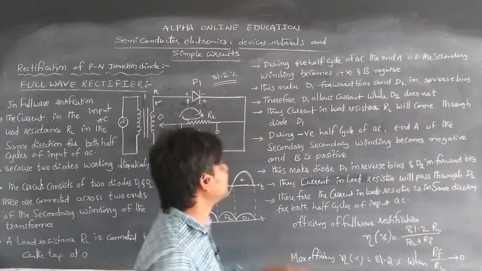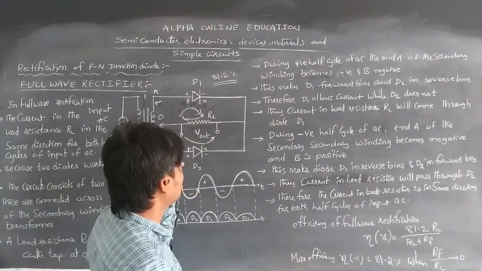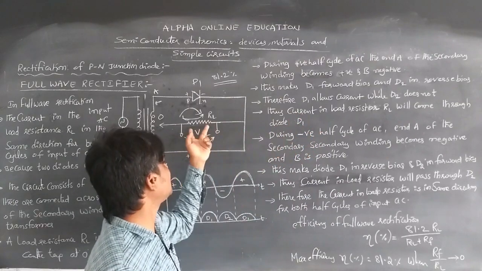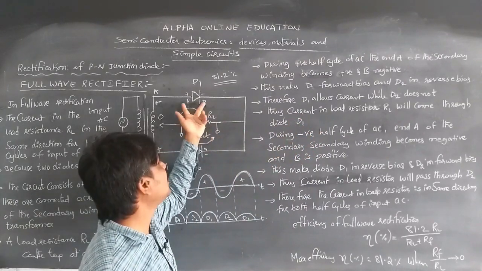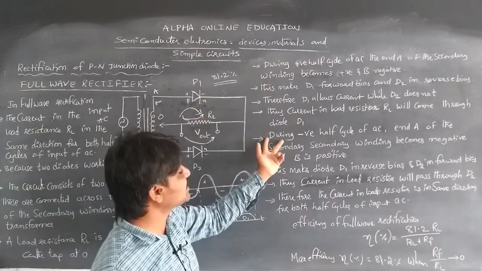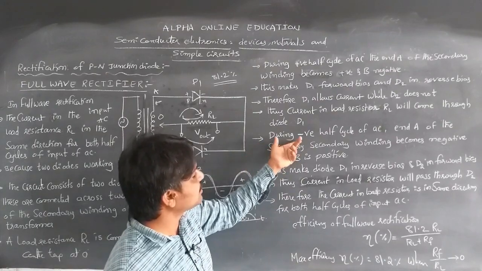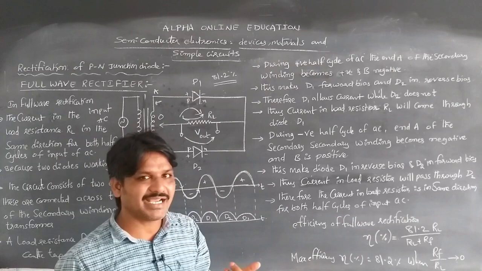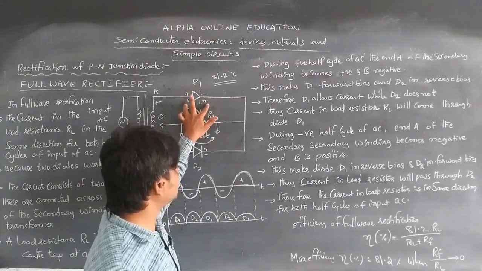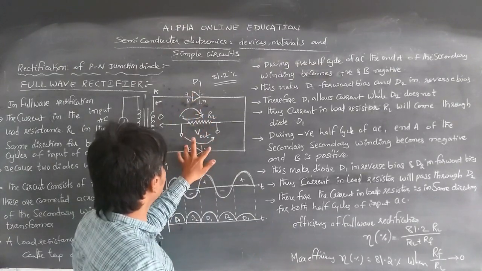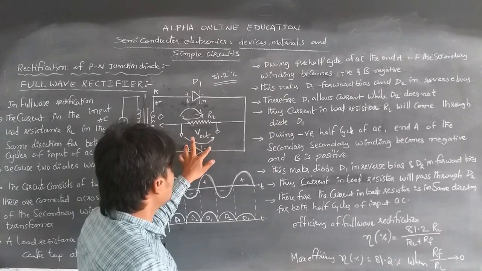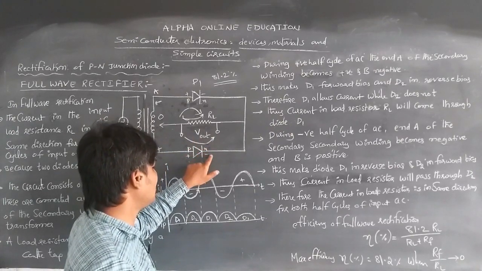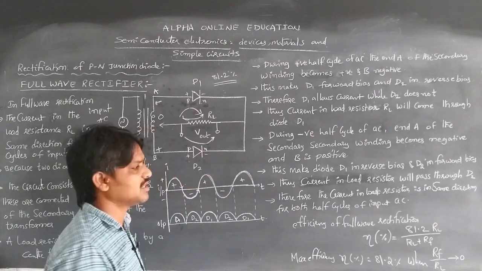Then the current in load resistance RL comes through D1, so we get the output due to D1. During the negative half cycle of AC, end A of the secondary winding becomes negative, so D1 is reverse biased and D2 is forward biased. Thus the current in load resistance passes through D2 only.